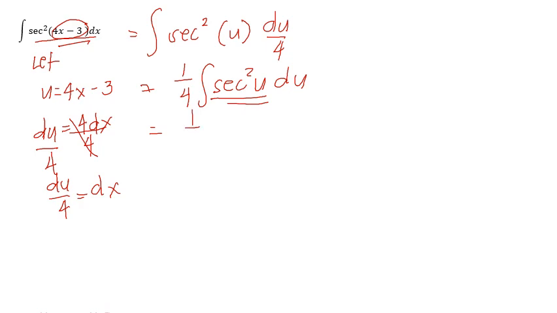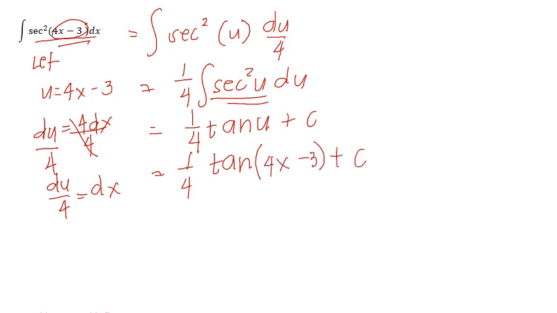So I will have 1 over 4 tan u plus c. So this is not yet the final answer because we need to go back to the variable of the equation. So I have 1 over 4 tan quantity of 4x minus 3 plus c. So this is now our final answer.